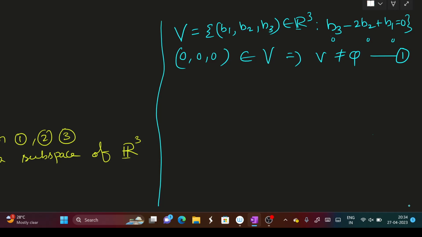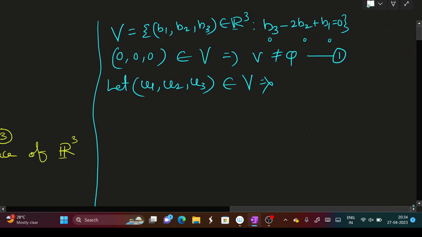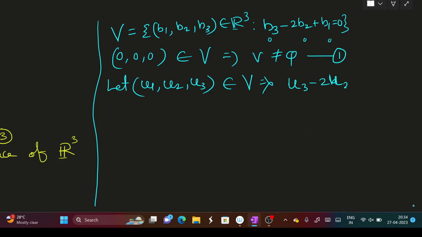Next, let U1, U2, U3 belong to V. This implies U3 minus 2U2 plus U1 is equal to 0.